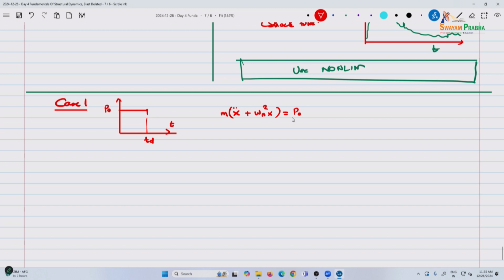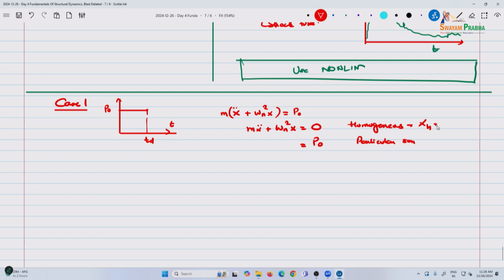This can be broken down into m x double dot plus omega n square x equal to 0, the homogeneous part to get xh, and then the same thing equal to p naught to get the particular solution.